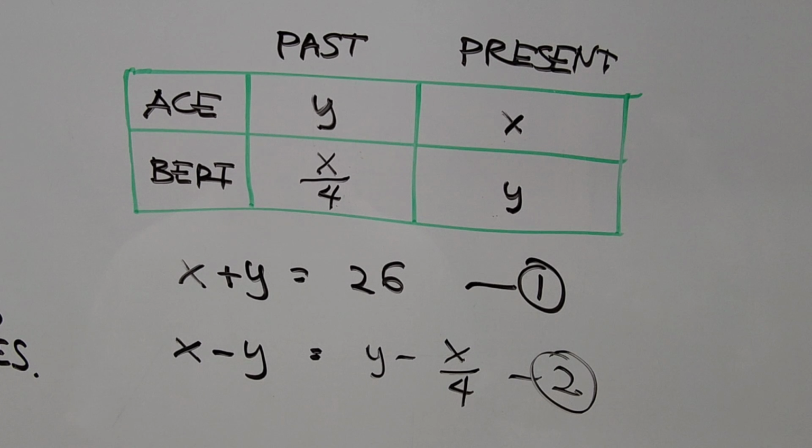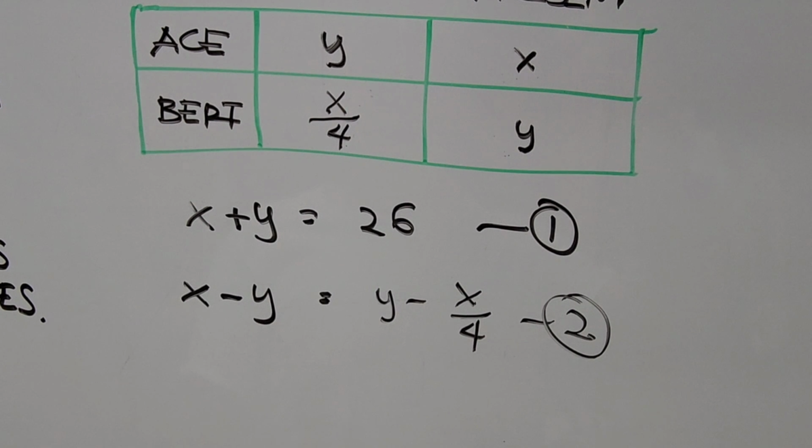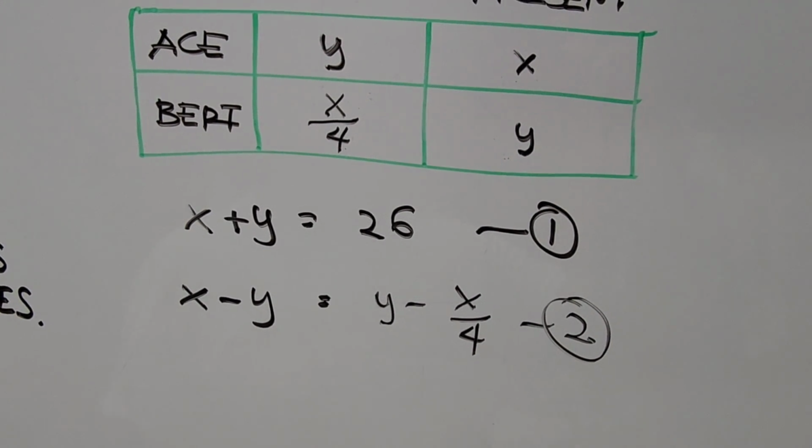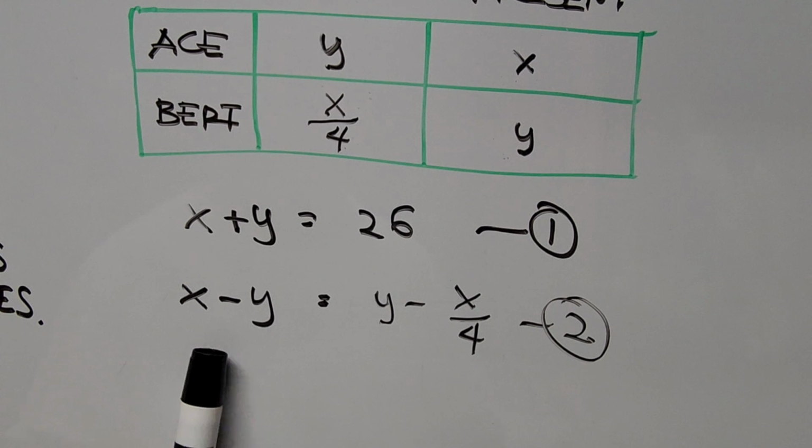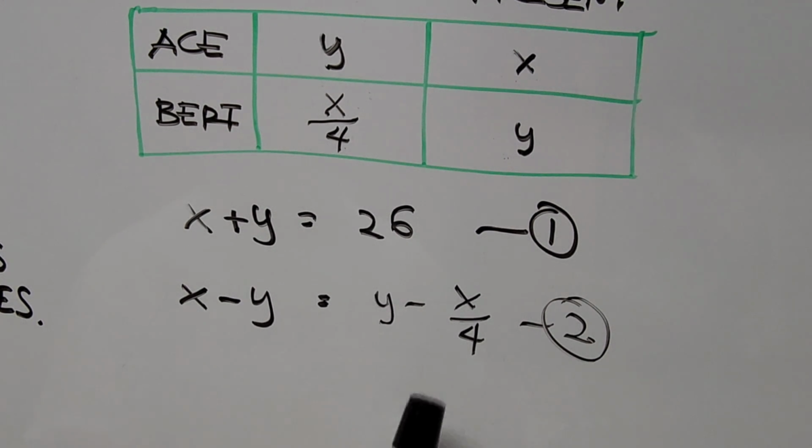All right, so how do we solve this now? We have systems of equations. We have two equations, two unknowns. Since the second equation comprises two variables on both sides, we can put all the variables on one side and simplify equation 2. So we put all the variables onto the left-hand side.